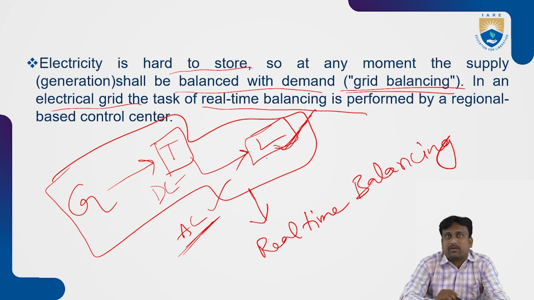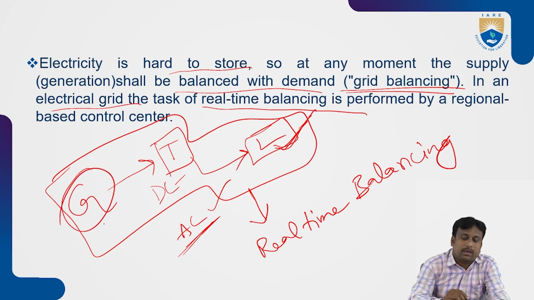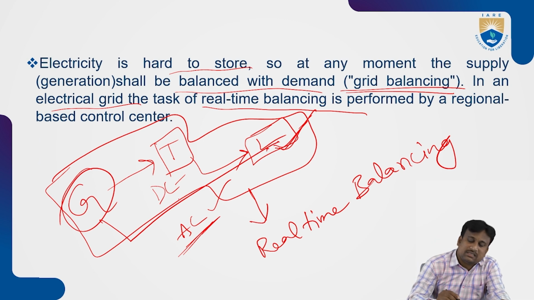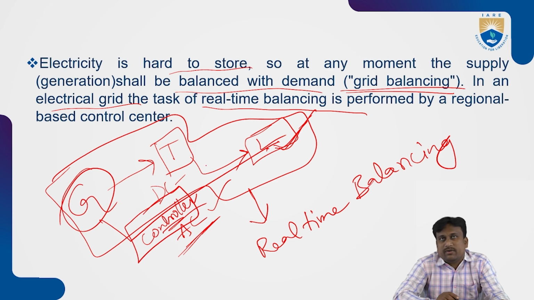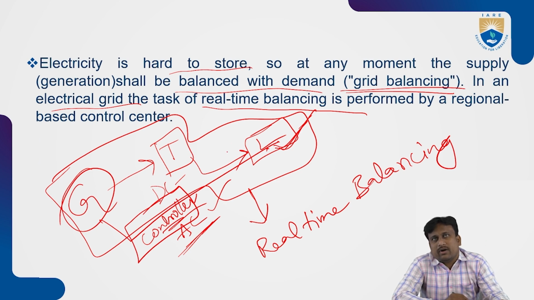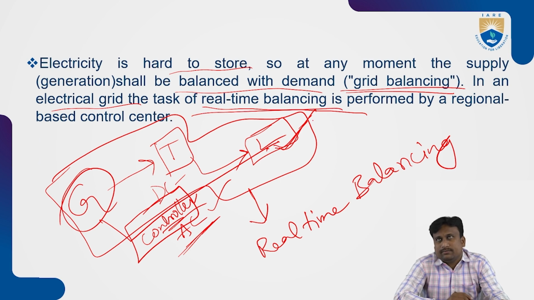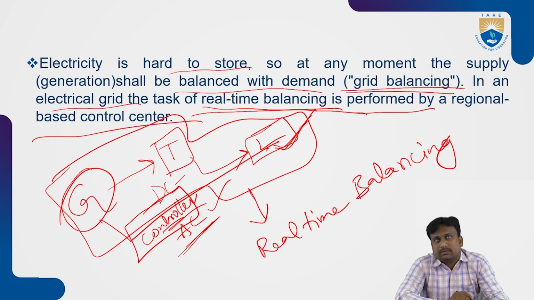For meeting the load requirements, whatever power is generated should be balanced with it. Whenever imbalances take place, the control operation will be handed over between generation and load requirement. This process is called real-time balance, which is performed by regional based control centers.